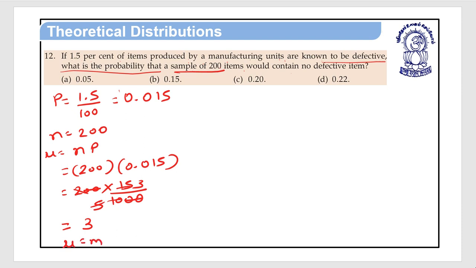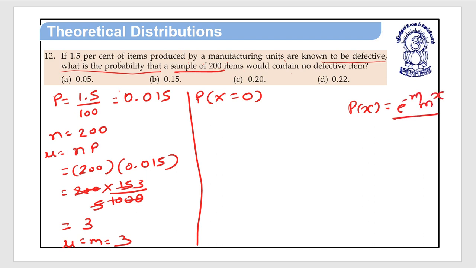Mu is equal to m is equal to 3. Probability of X equal to 0. For Poisson, P of X is e raised to minus m, m raised to x upon x factorial.